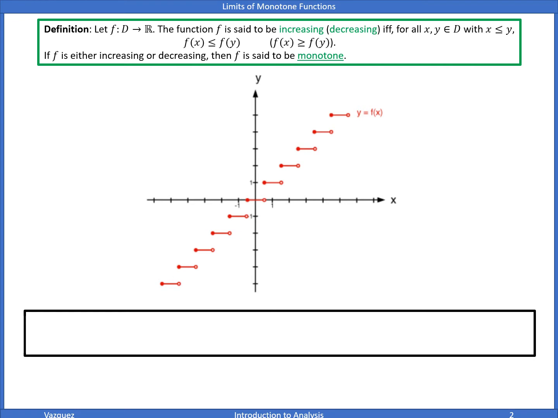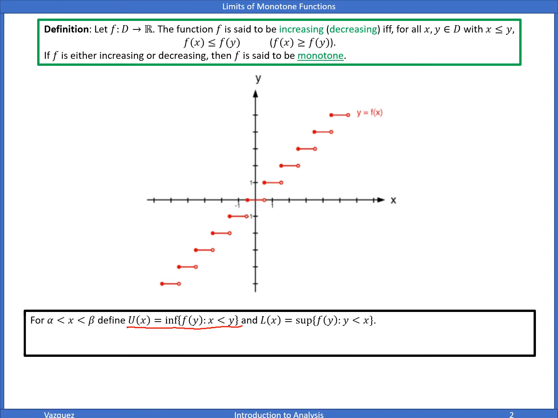Now, what if I were to define, for alpha less than x less than beta, U of x to be the infimum of f of y such that x is less than y, and L of x to be the supremum of f of y such that y is less than x. What if I were to define that?